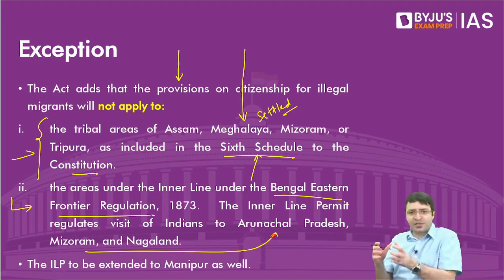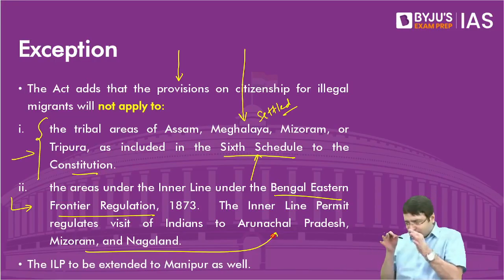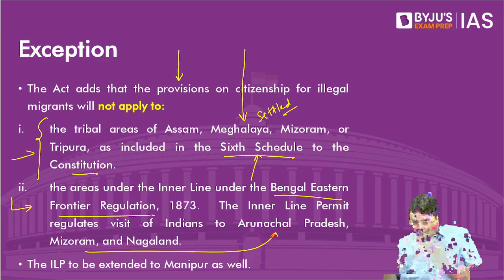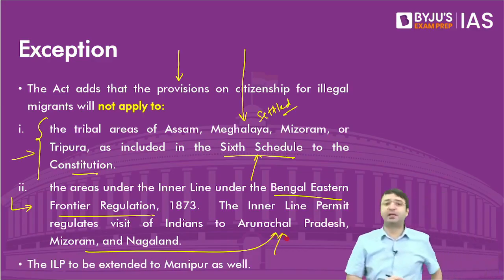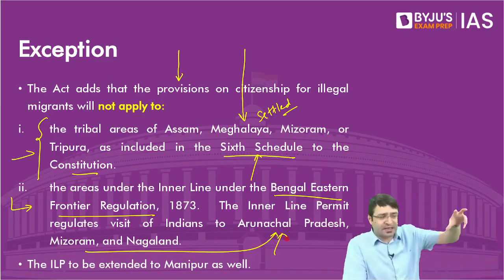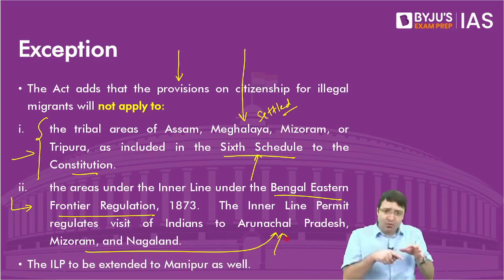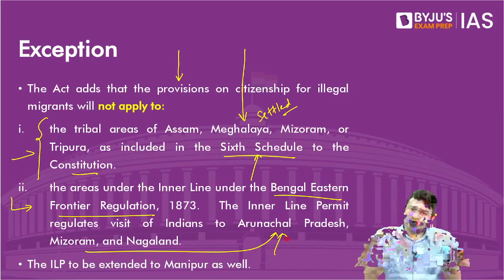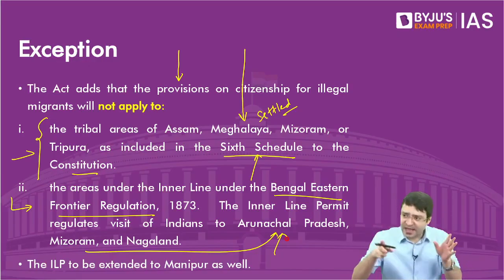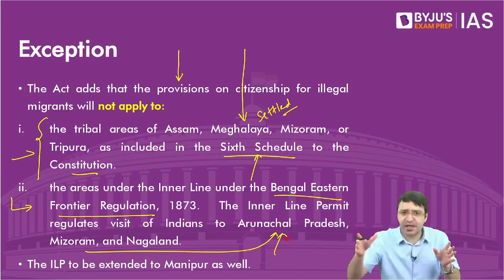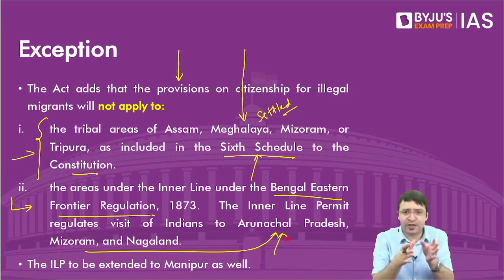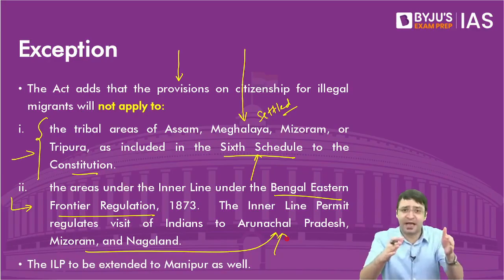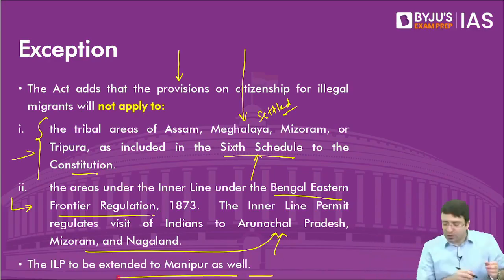The Citizenship Amendment Act says this Act will also not apply to these inner line permit areas. That means these illegal migrants who are now or who can become the citizens of India, they will be made to settle in any part of this territory, except the tribal areas which are under 6th schedule of the Constitution, except those areas which are under inner line permit, for example, Arunachal, for example, entire Mizoram, for example, Nagaland, and to which Manipur will also be added.